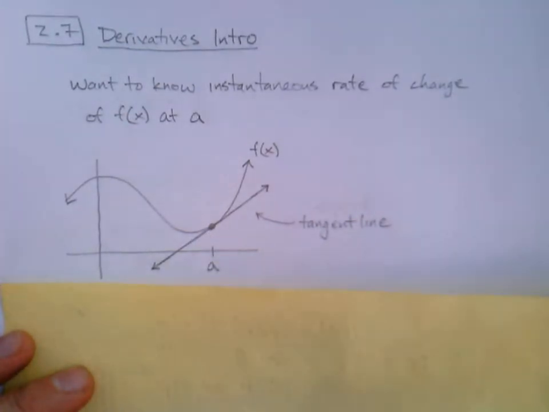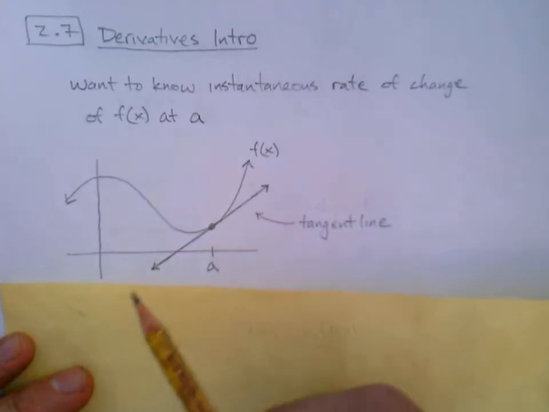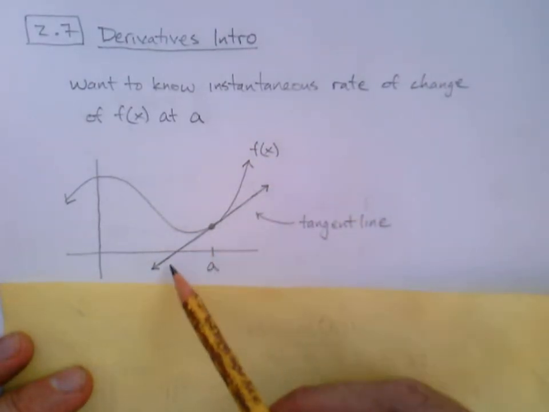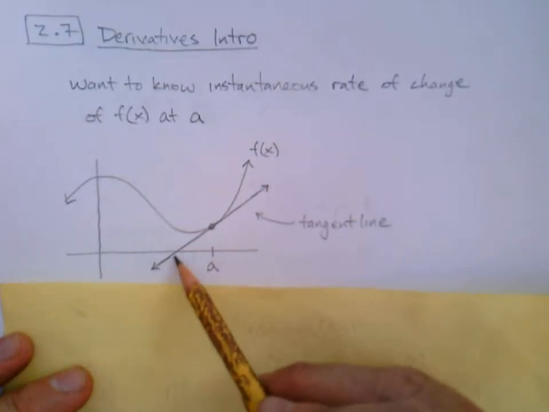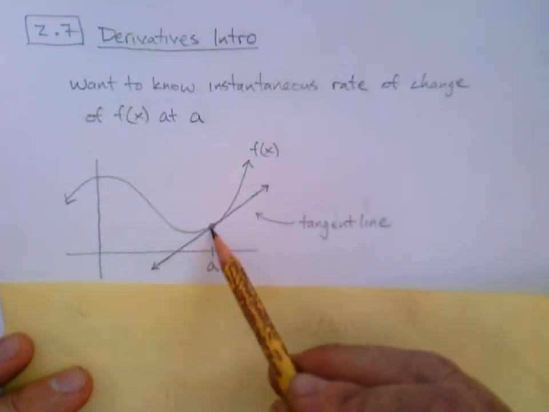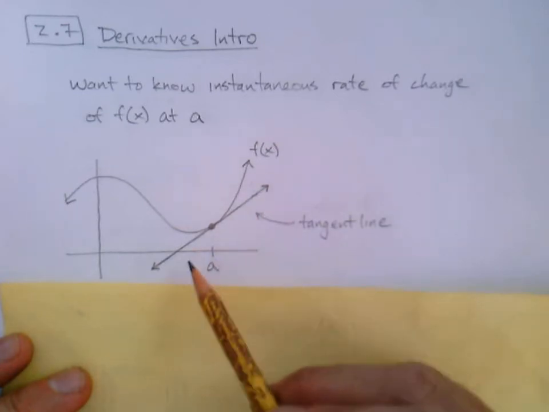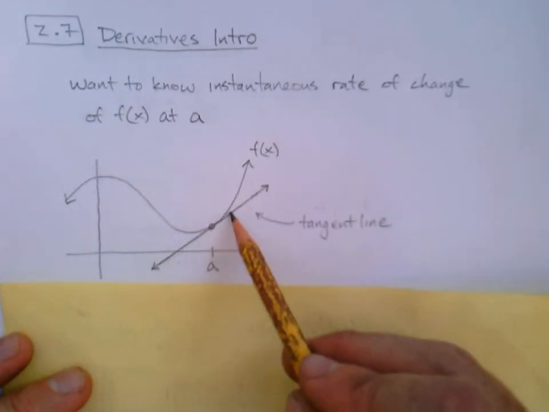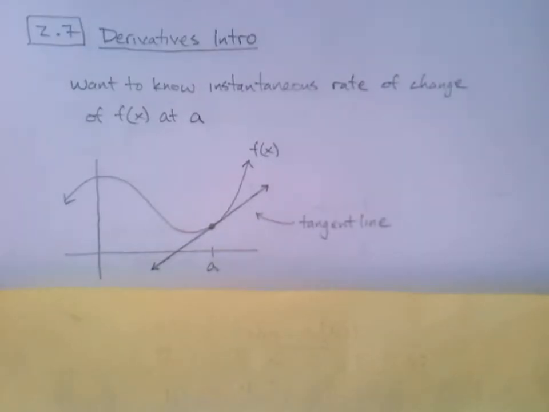The instantaneous rate of change of that function at a can be visually seen by drawing what we call the tangent line. So the tangent line, it kind of comes up, it just barely grazes by the function. It passes through just one point and then continues on its way.